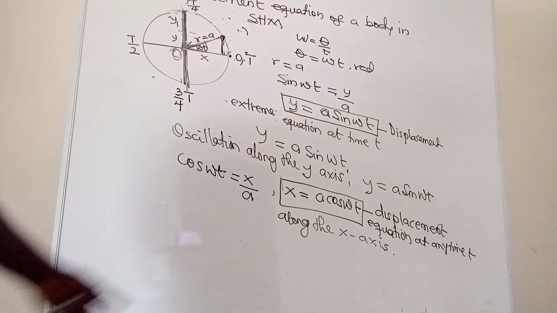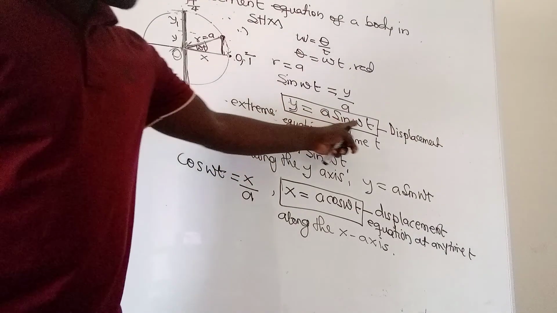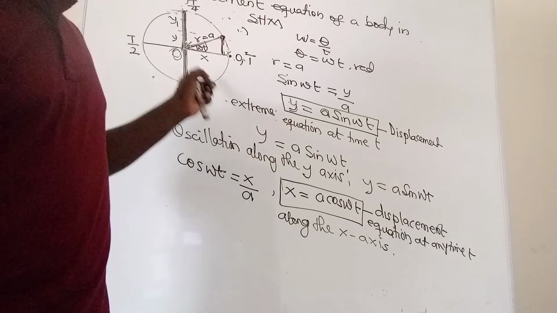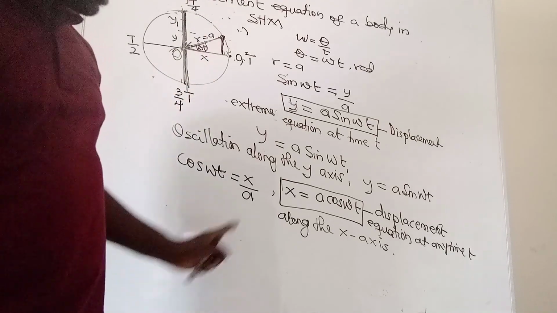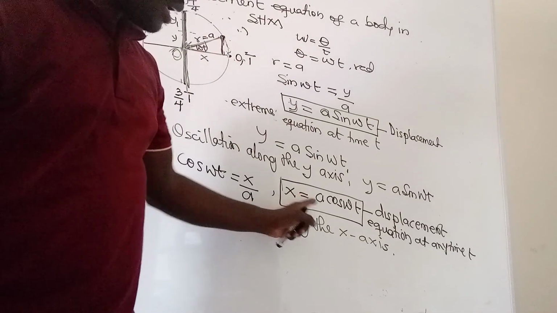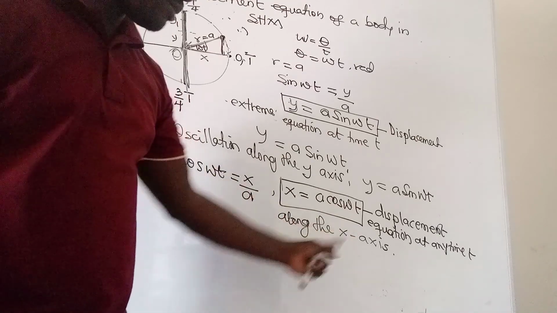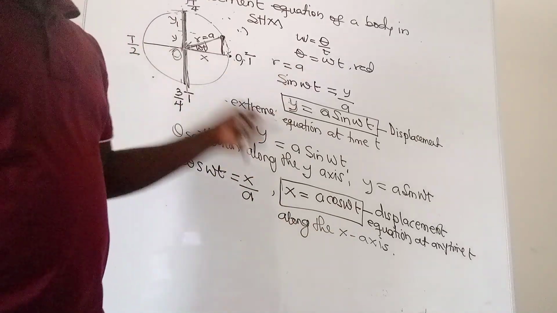Okay, so A sine omega t is a displacement equation along the y axis. A cos omega t is a displacement equation along the x axis.